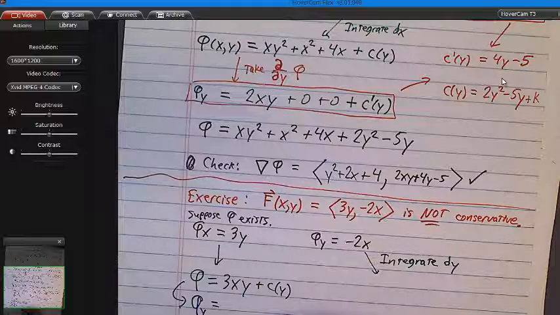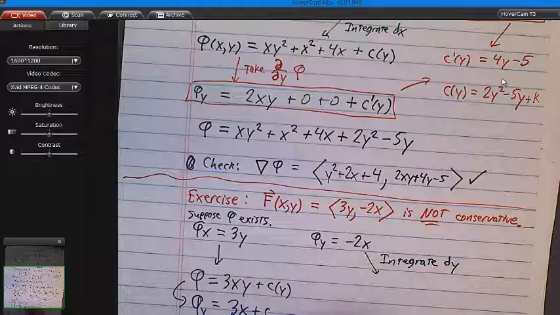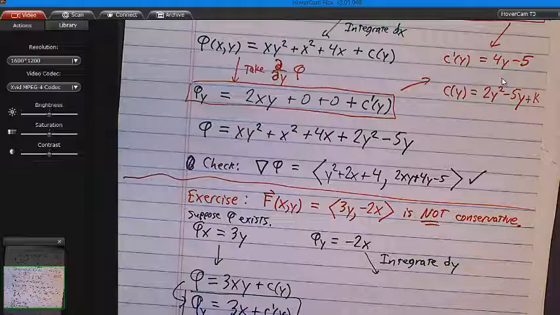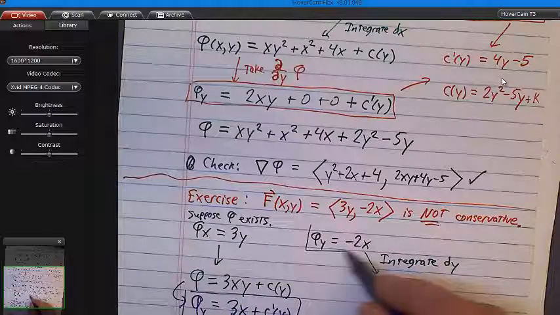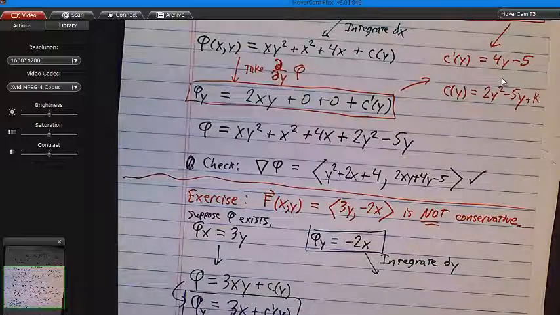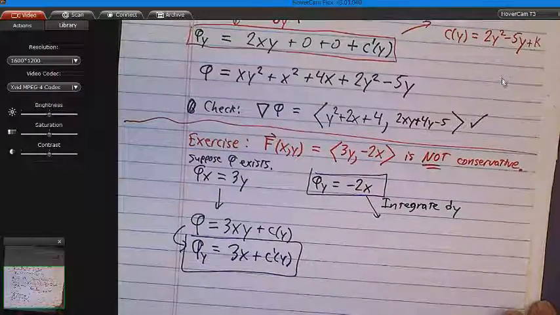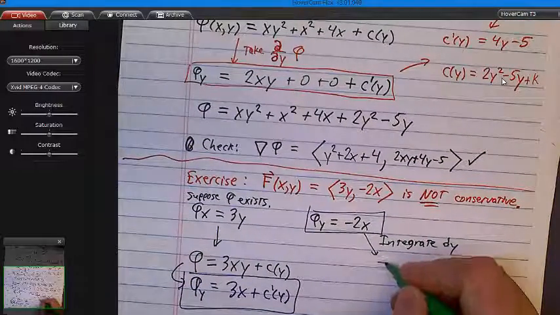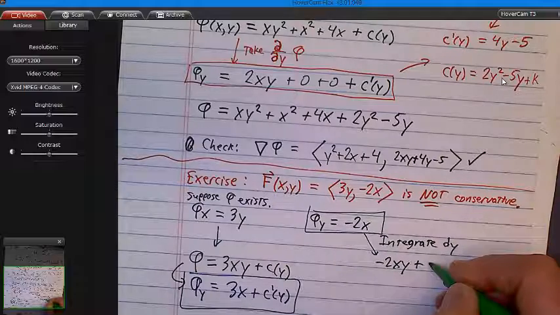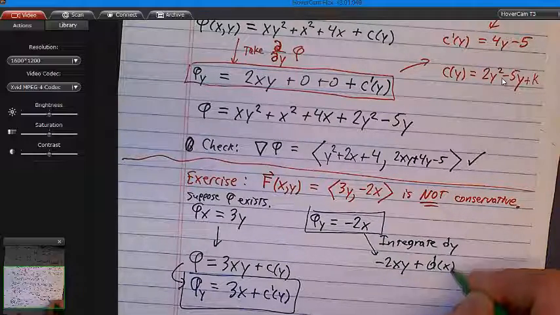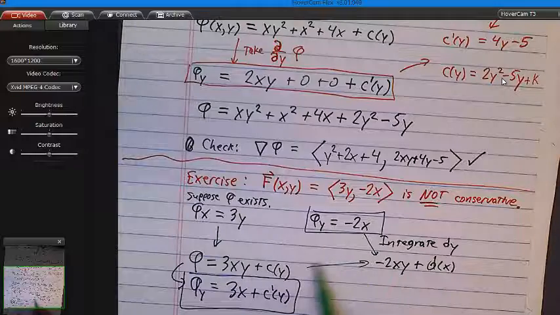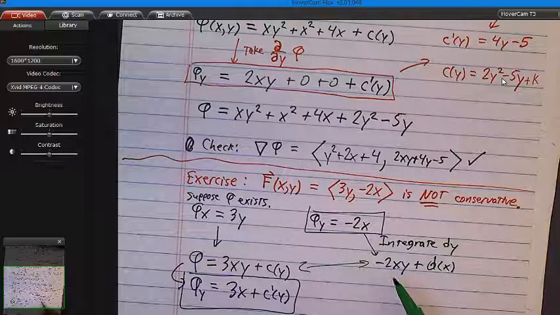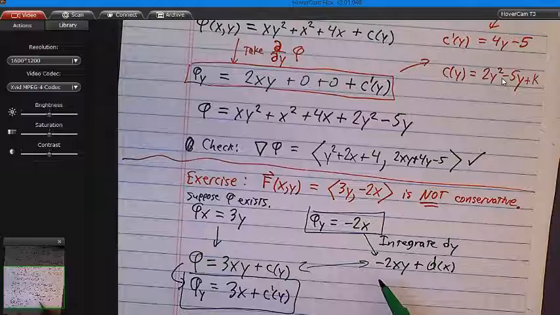Derivative with respect to y. So we get 3x plus c prime of y. Now, we have 3x plus c prime of y, and that has to equal negative 2x. Not going to happen, guys, because this is just a function of y. If you go the way Matthew was saying, what did you get? You must have gotten negative 2xy plus some function of x, right? And then I combine them and you say, are these the same? And the answer is no. They can't be the same. Right? You guys with me?